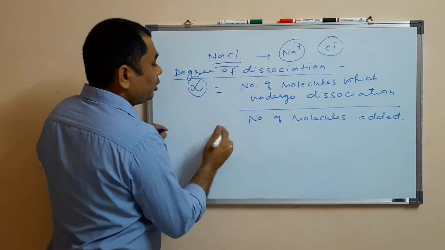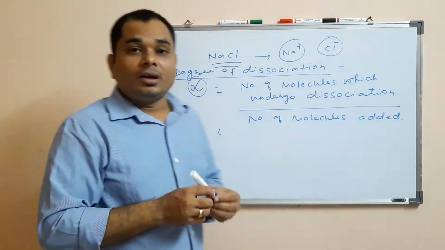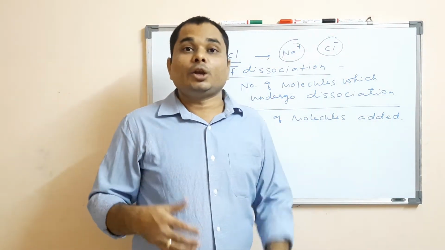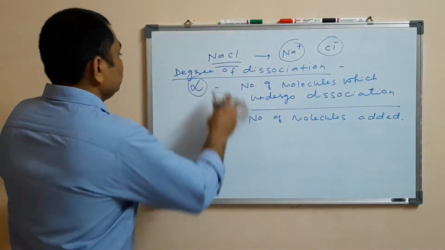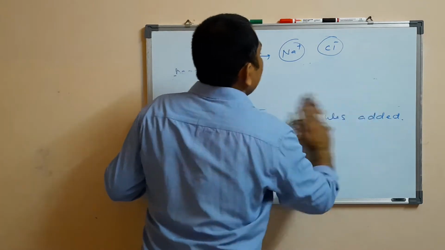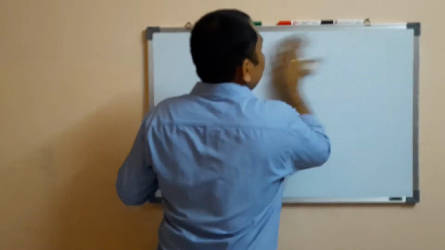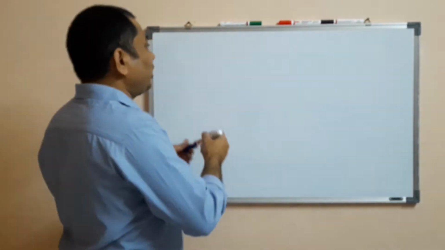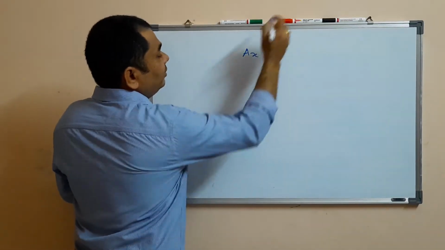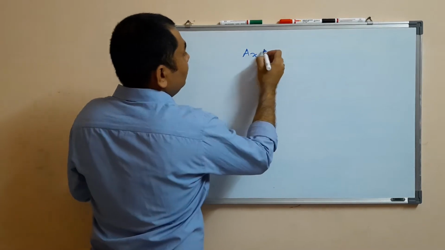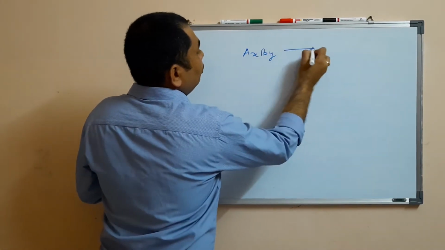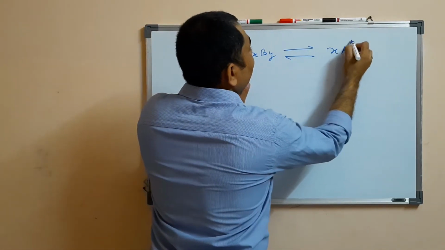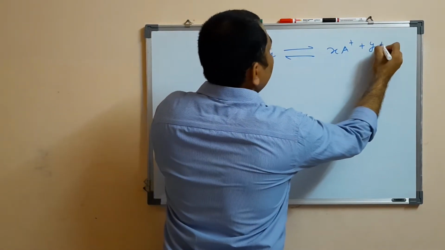Van't Hoff factor we have already discussed, i. Let us see how we calculate the relation between Van't Hoff factor and degree of dissociation. Now suppose there is a salt like this, AxBy. Now this will undergo dissociation like this, xA plus yB minus.